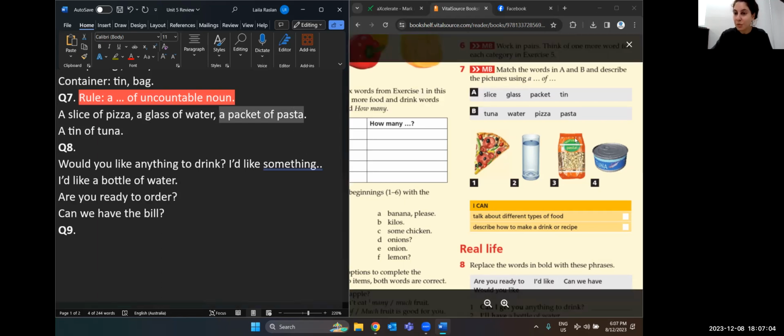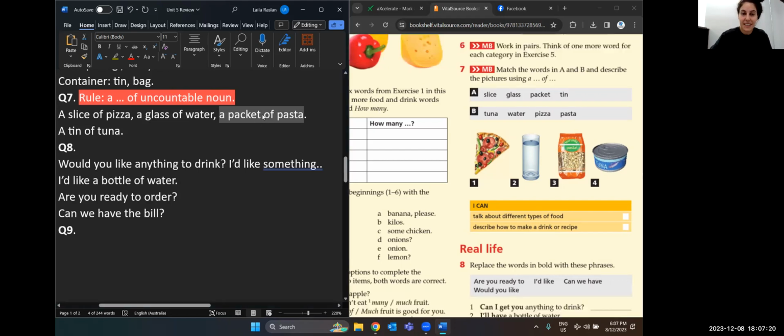If we want another one, what do we say? If I want another one, what do I say? Can I please have, so not one, I want, can I please have 2 packets? Yeah, we put an S here. We don't put the S to the noun, we put the S here. Can I please have 2 packets of pasta?